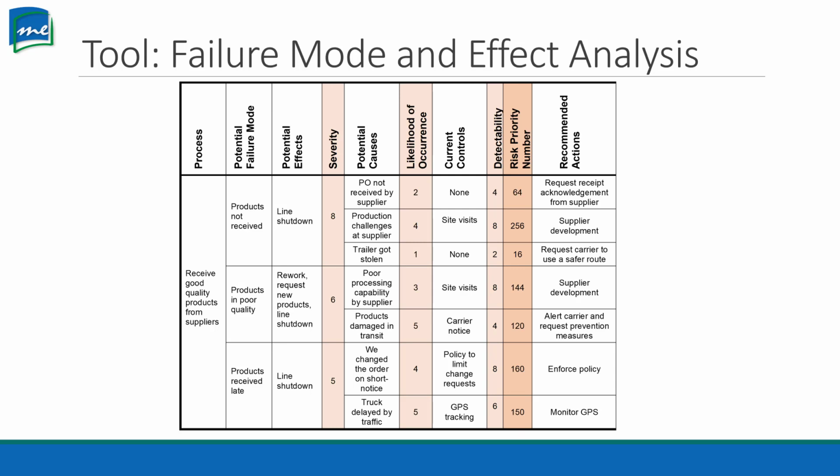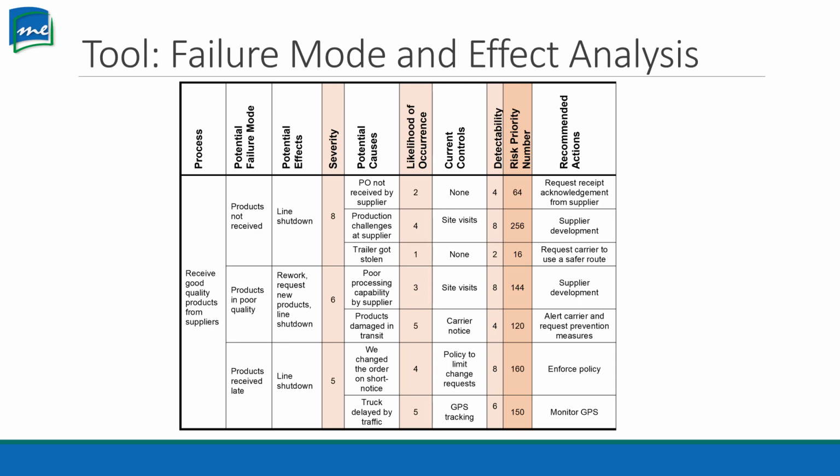Now, I hope you understand this failure mode and effects analysis. It's not a complicated tool. It's just thinking about what possibly could happen and then rating it. The ratings, the severity, the likelihood of occurrence, and detectability, that's probably the hardest part here. Because if you're using a 0 to 10 scale, well, what's a 5?